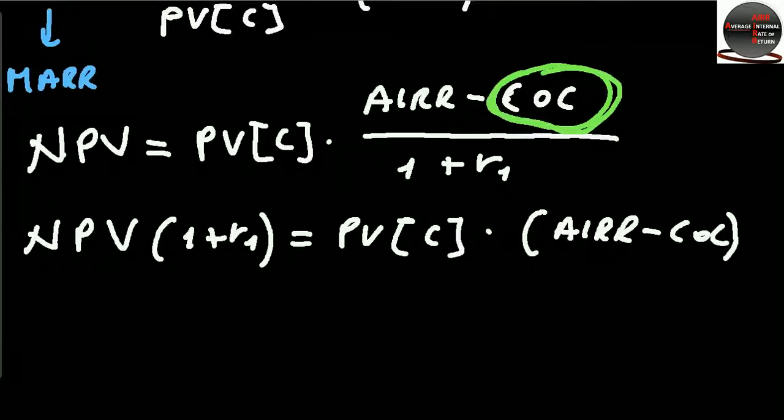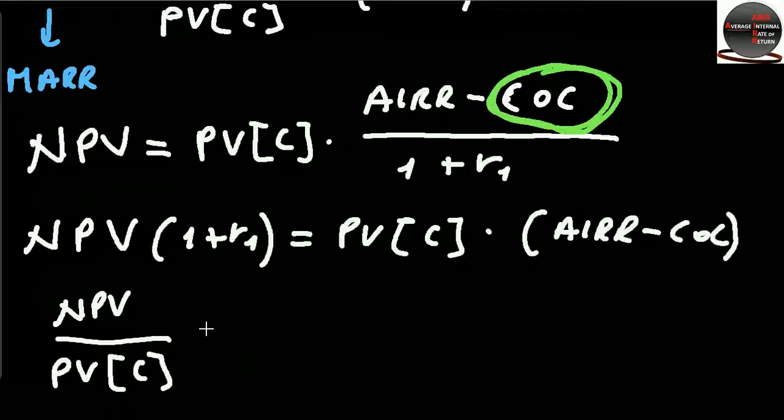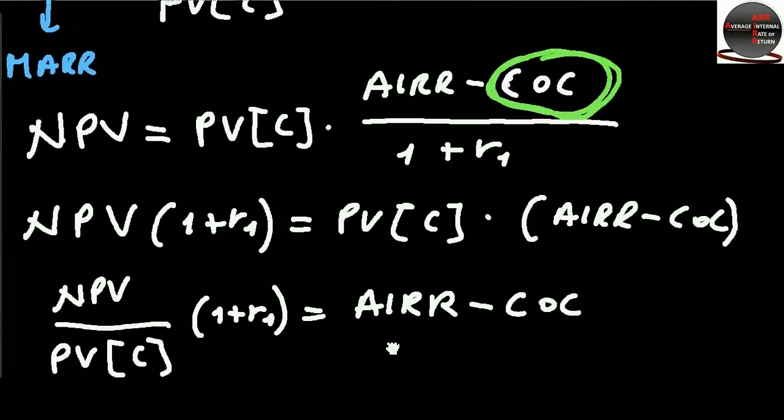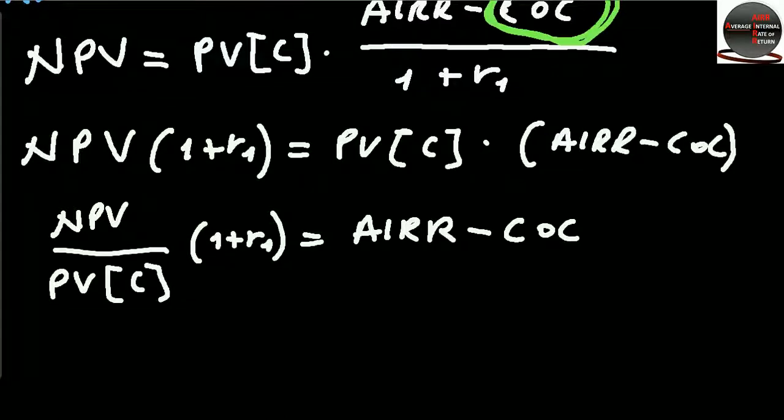We divide both sides by the total capital, and we have NPV divided by the present value of total capital times the conversion factor. And this is the excess AIRR, the excess rate of return. And then we find the cost of capital, or minimum attractive rate of return.